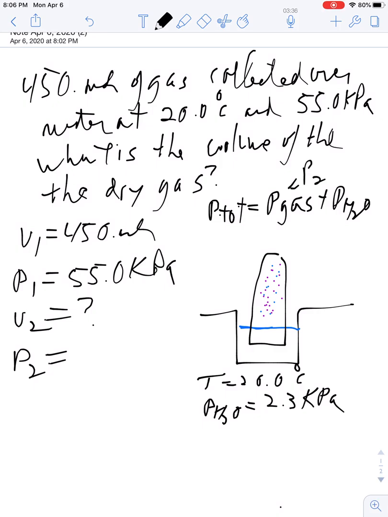So, all I got to do is take the total pressure, which was what we had in the beginning, 55, it's going to be equal to the pressure of the gas plus the pressure of the water vapor.